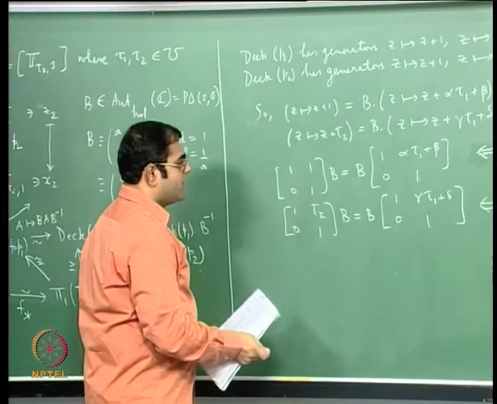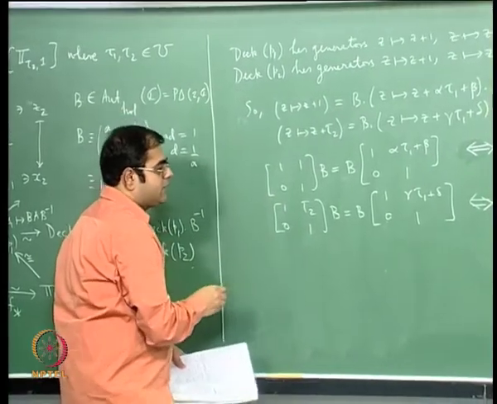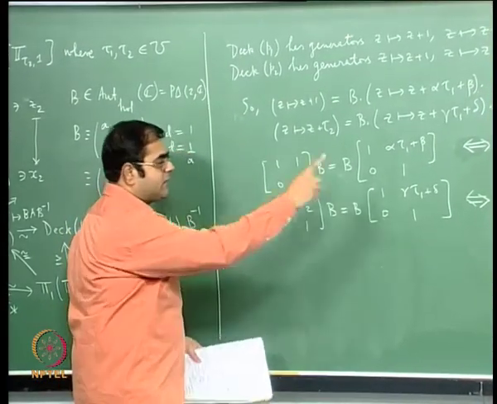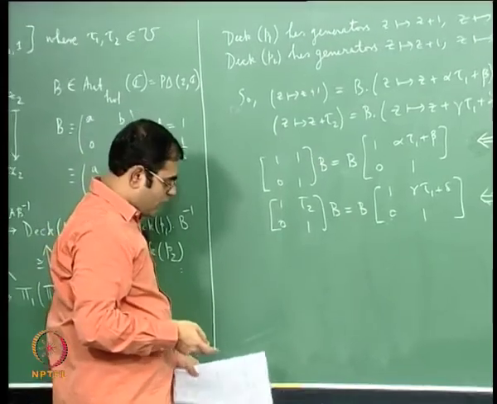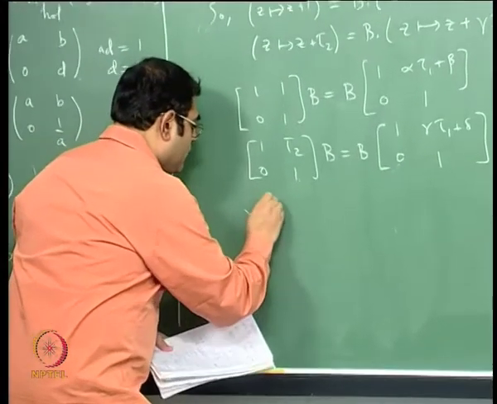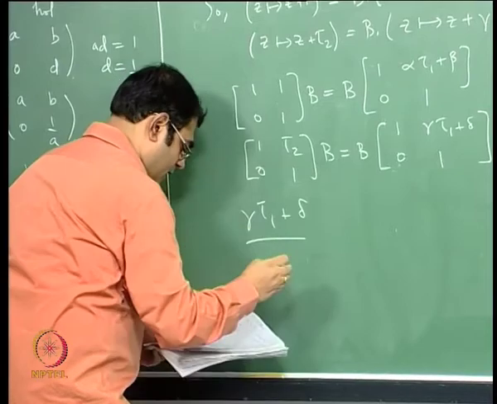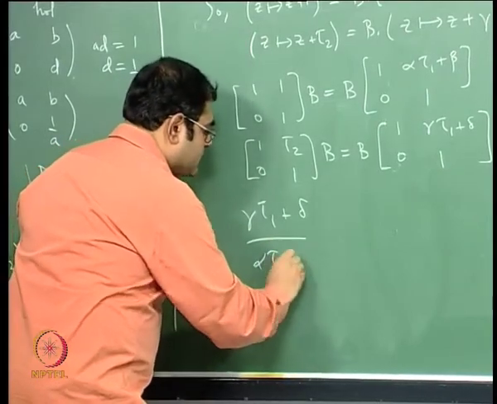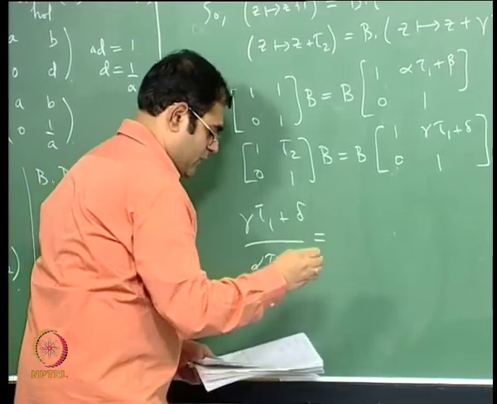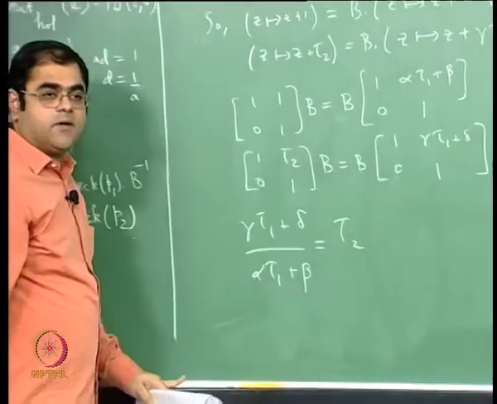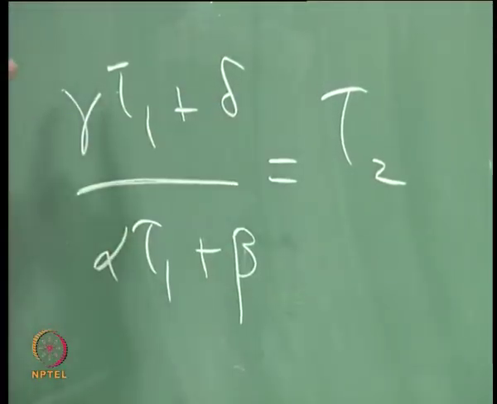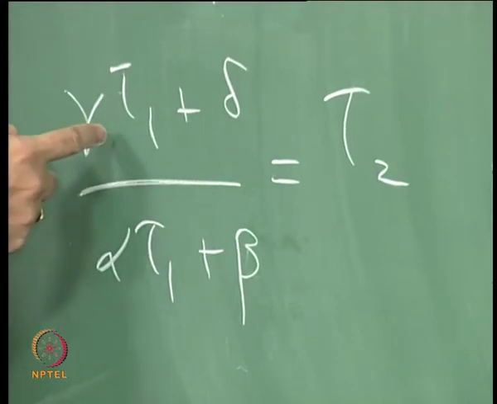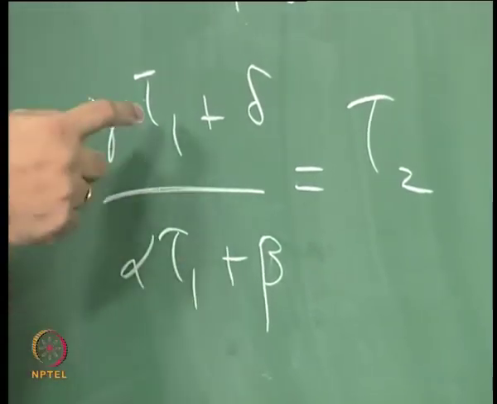Now you can see immediately that if I eliminate a squared, what I am going to get is gamma tau 1 plus delta by alpha tau 1 plus beta is equal to tau 2. Okay, so what you've gotten is an element of PSL2Z which is moving tau 1 to tau 2.